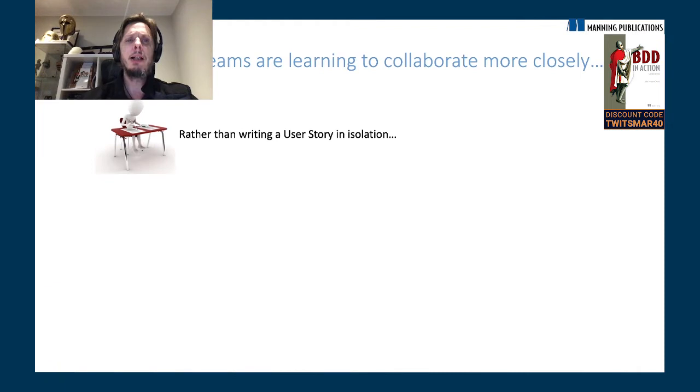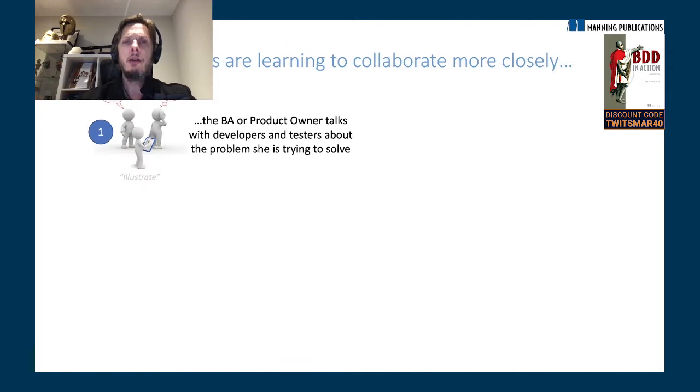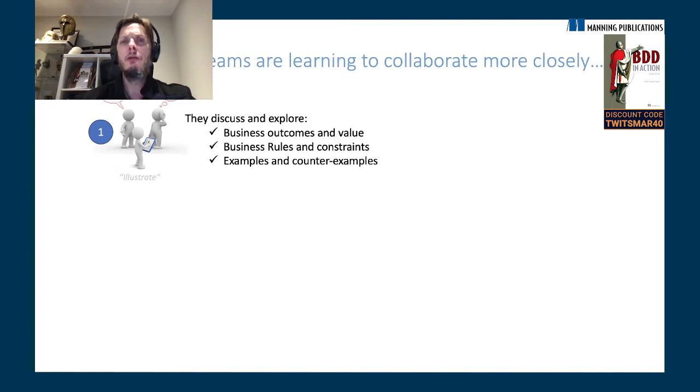Some other teams try to do things a little differently. Rather than writing user stories in isolation, you get your BAs and product owners to talk to each other, and have conversations with the business, the developers, and the testers, and try to understand the problem they're trying to solve.